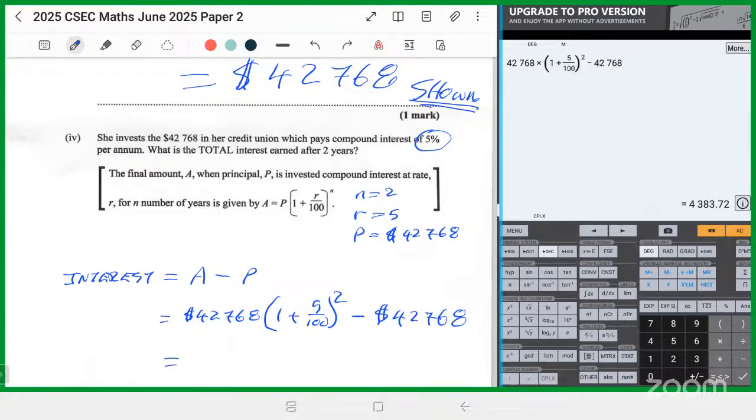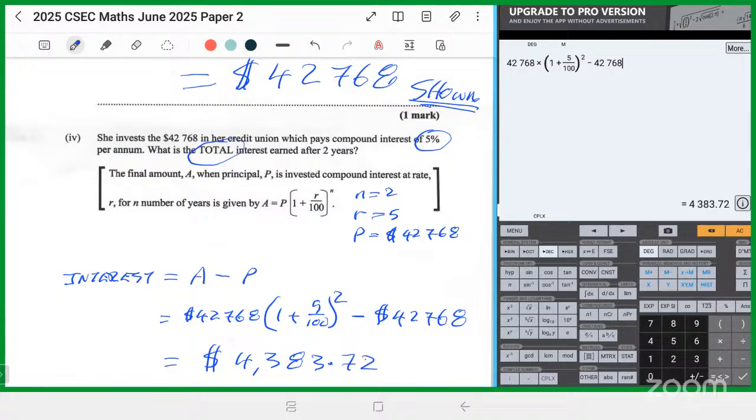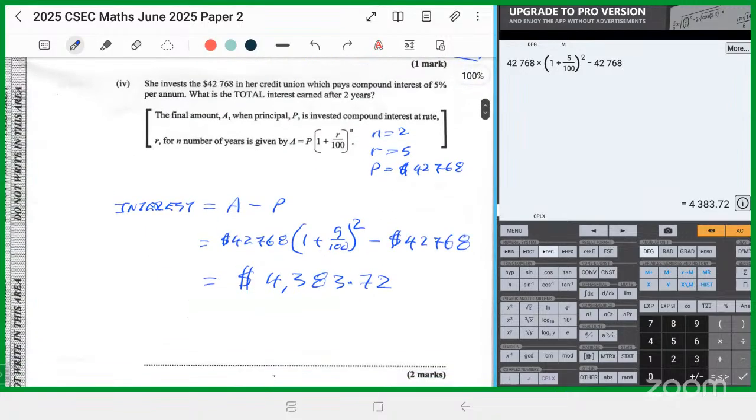All right, and so the interest is simply 4,383.72. I really believe this question is going to get a lot of people, but they're not going to realize that they want the interest. Particularly the word total might get them. All right, they want the interest, not the total amount earned, not the total amount in the account. This formula, remember, is for the total amount that is accumulated. All right, so that is the answer. Let's continue.